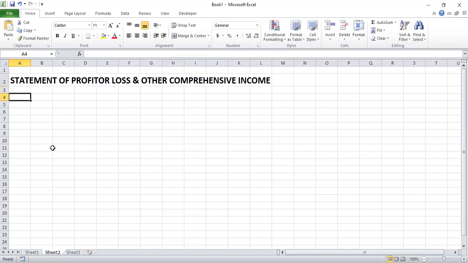As I said, this is the statement in which we calculate the profit or loss that was made by the entity during the period. Remember that in business, you can either make a profit or you can make a loss. So this statement measures the profit or loss that was made during the period. Basically speaking, we can say our profit or loss is income minus expenses in general terms.